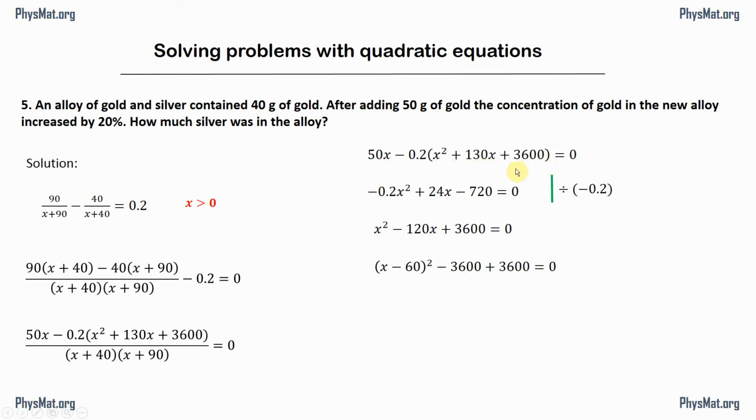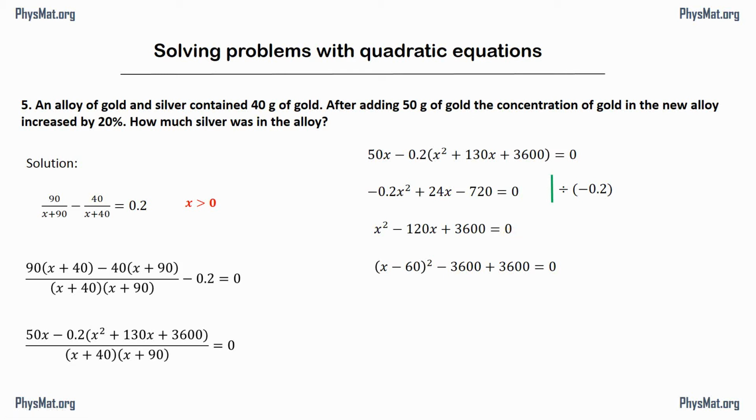So when you add terms with x squared, x and free terms together, we better simplify it by dividing by the coefficient at x squared, which is minus 0.2. And then we get the quadratic equation x squared minus 120x plus 3600 is equal to 0.